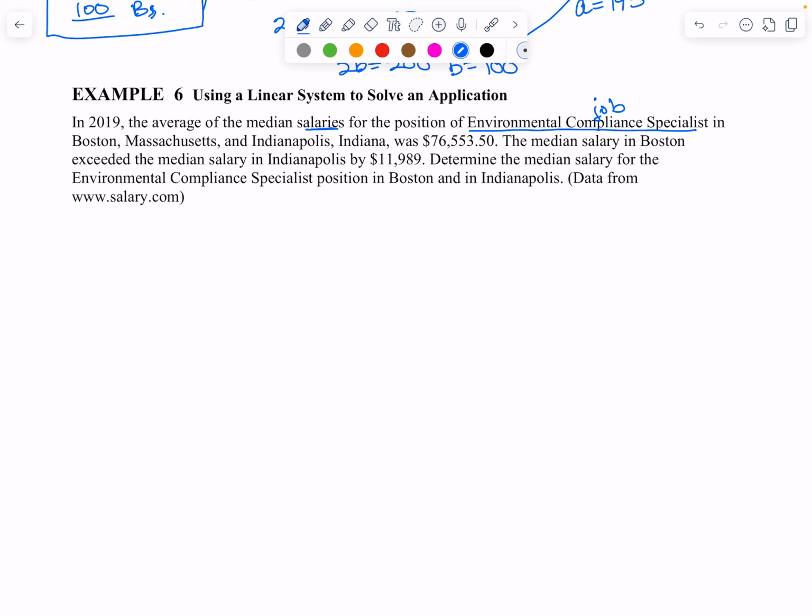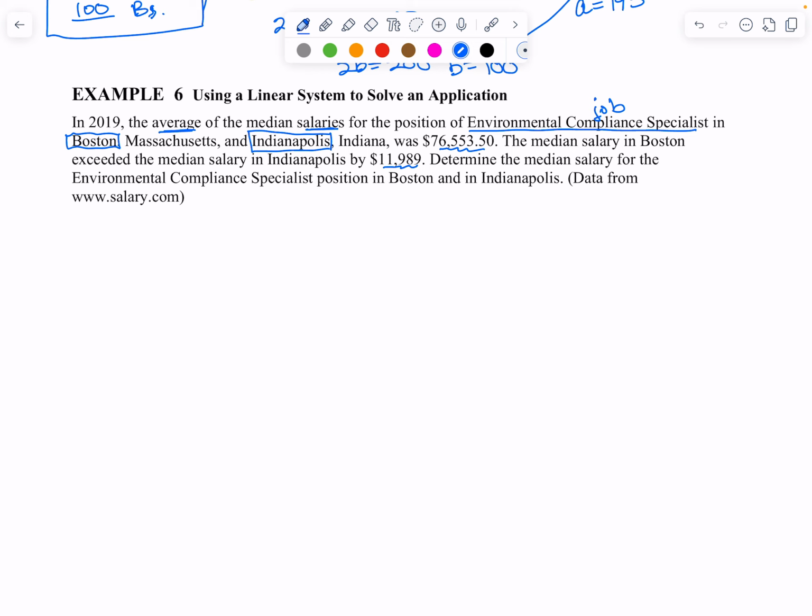So we're talking about the average salary for that job in two places, Boston and Indianapolis, was this much. The median salary in Boston exceeded the salary in Indianapolis by this much. Okay, so right now we know we're talking about salaries in two cities.